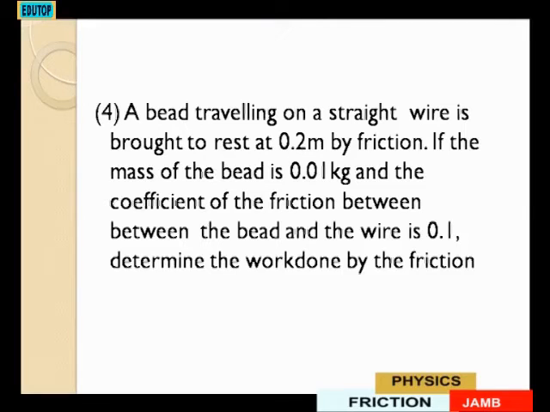Question number 4. A bead traveling on a straight wire is brought to rest at 0.2 meter by friction. If the mass of the bead is 0.01 kilogram and the coefficient of friction between the bead and the wire is 0.1, determine the work done by the friction.